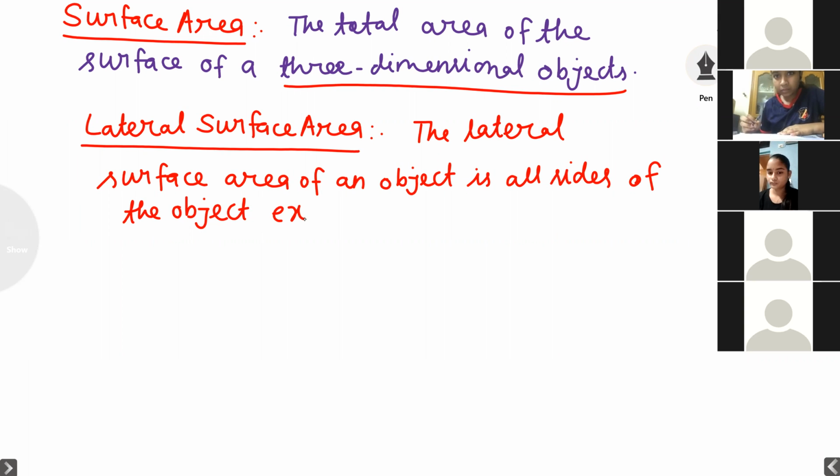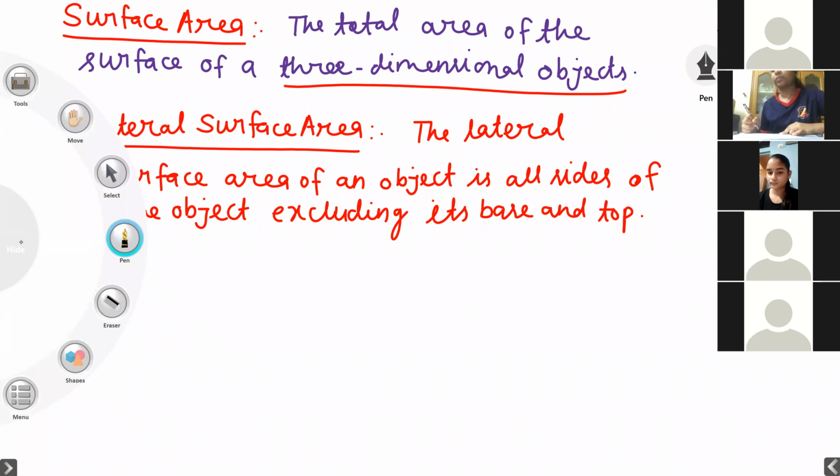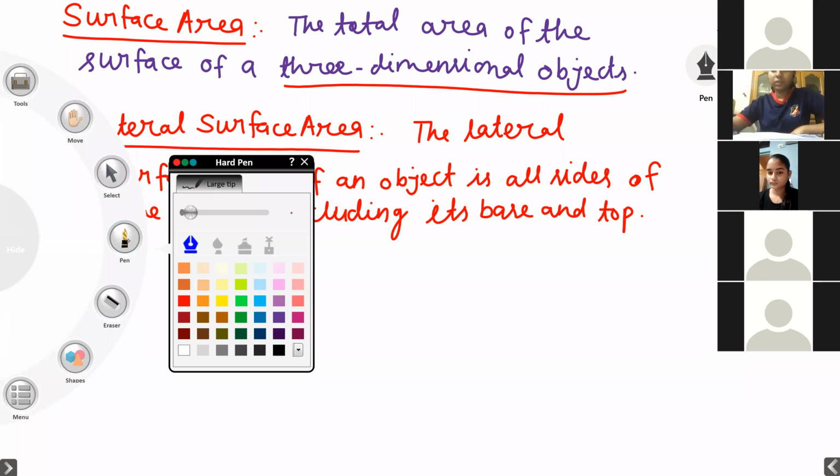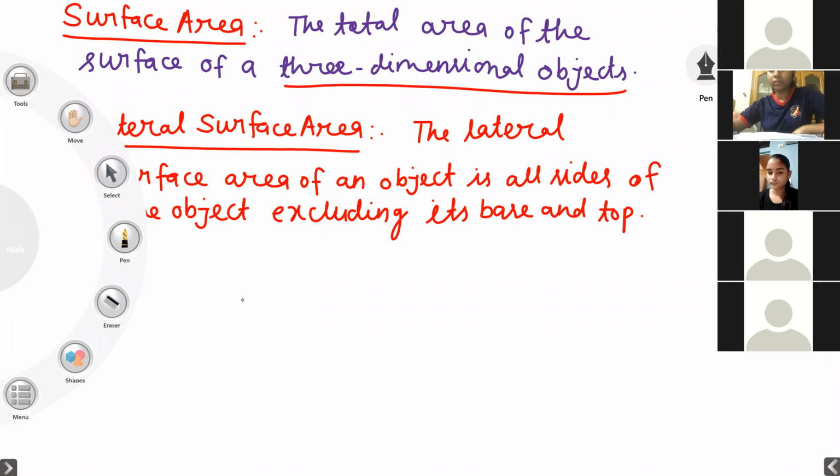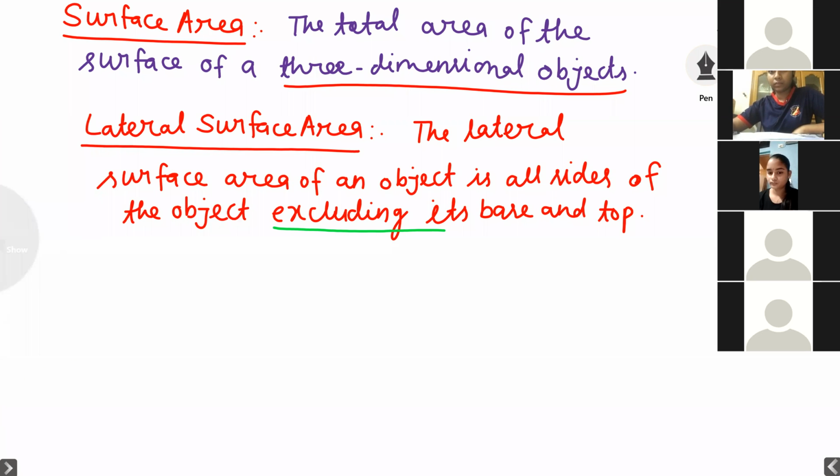Total six faces are there. Here, how many faces are there? Four faces. Underline this: excluding base and top.